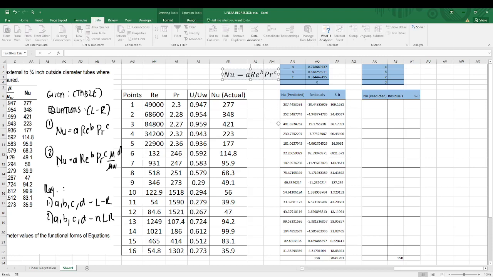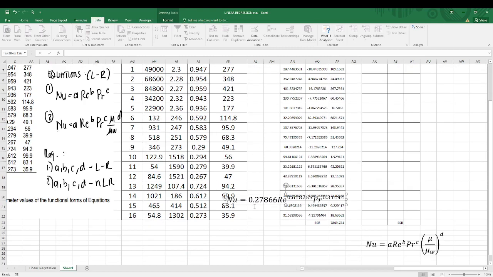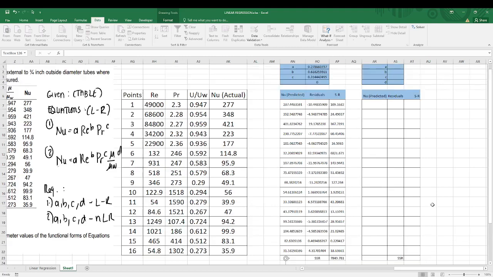A is 0.27866, B is 0.618255, and C is 0.31444. So that is for equation 1.